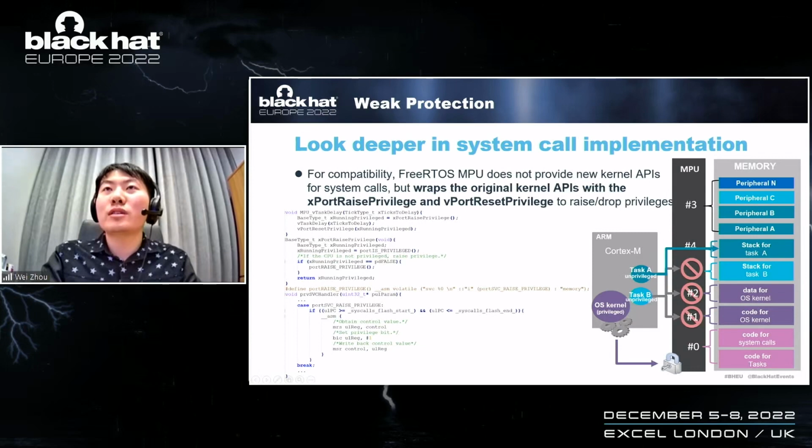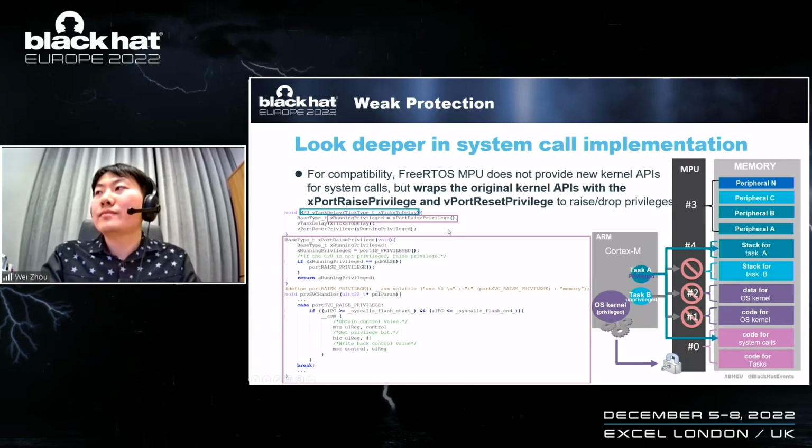It must use a system call. And the FreeRTOS MPU version does not provide a separate kernel API for system calls, but just wraps the original kernel functions with the privilege switch functions using the SVC handlers. So for example, if an unprivileged task wants to use a kernel function, let's take MPU task delay.